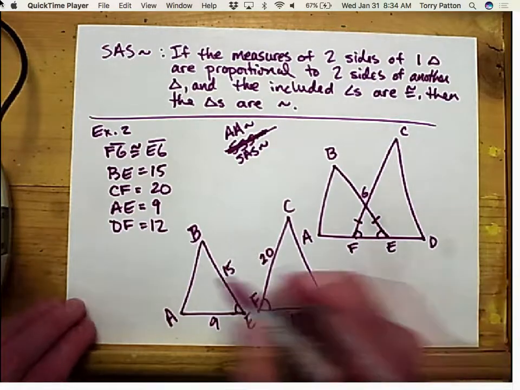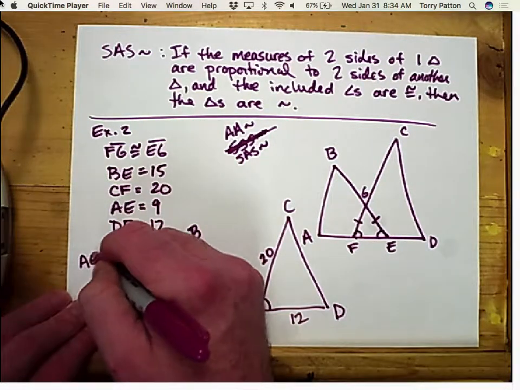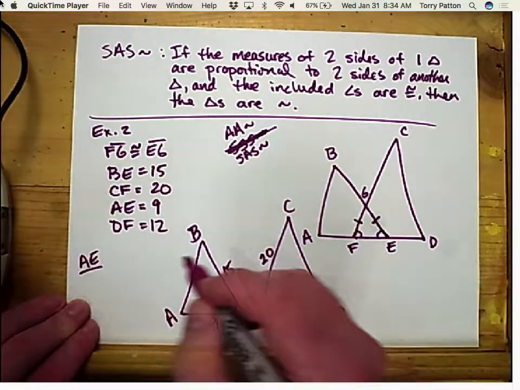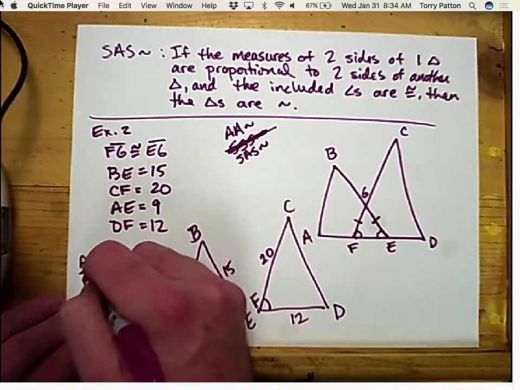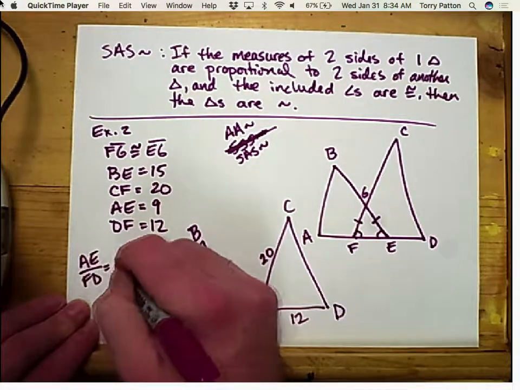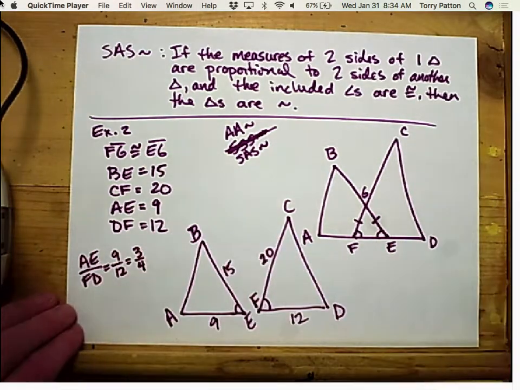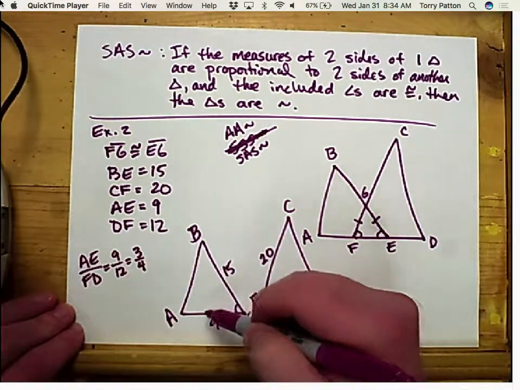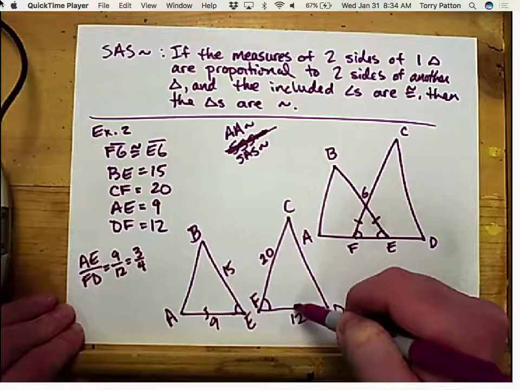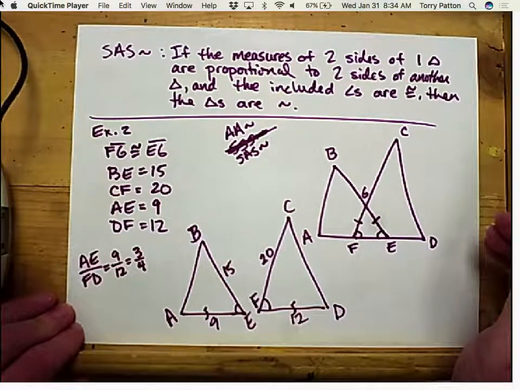So let's see. What is AE over FD? Well, that would be 9 over 12, which is 3/4. Then so this corresponds to that with a ratio of 3/4.